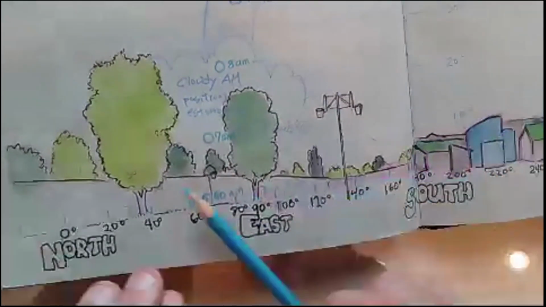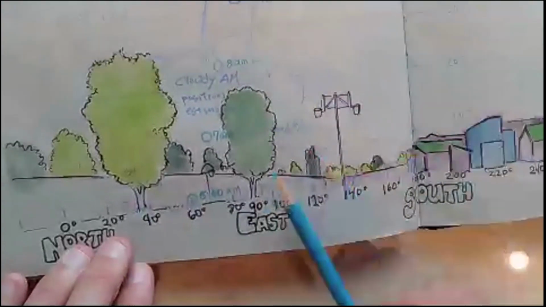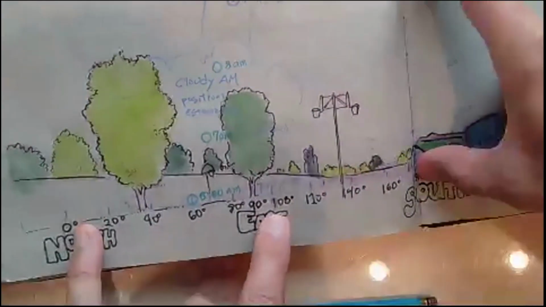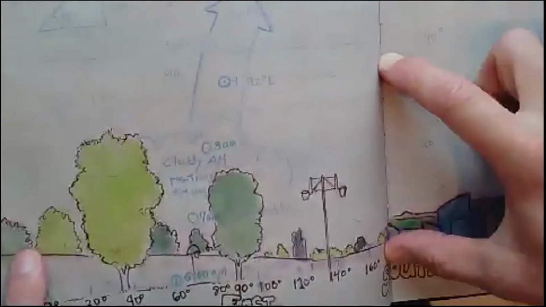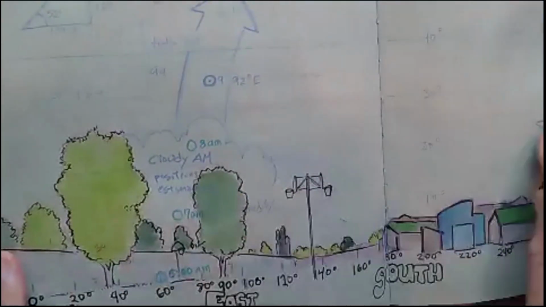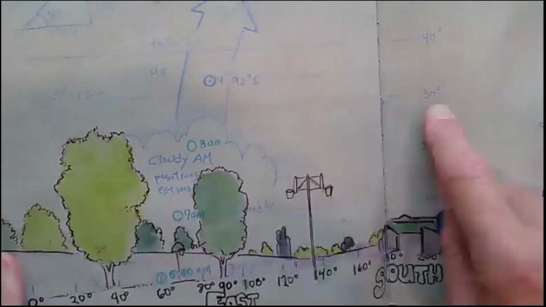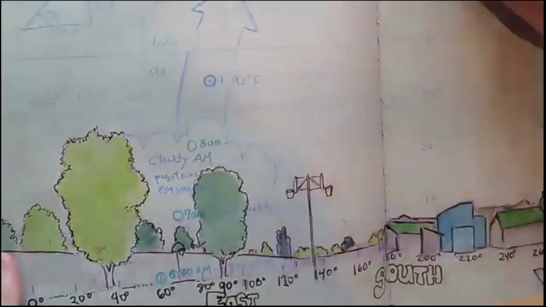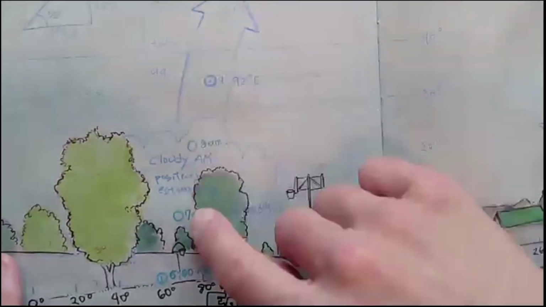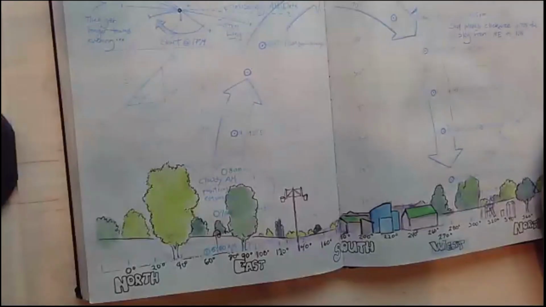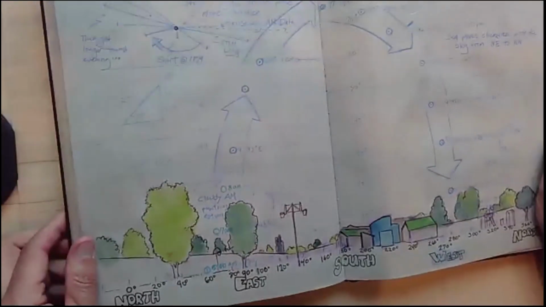If I had the vertical scale the same as my horizontal scale, the entire arc would have been only in this part of the page. I wanted a little bit more room to document that. So that's why my page here has an exaggerated vertical scale.